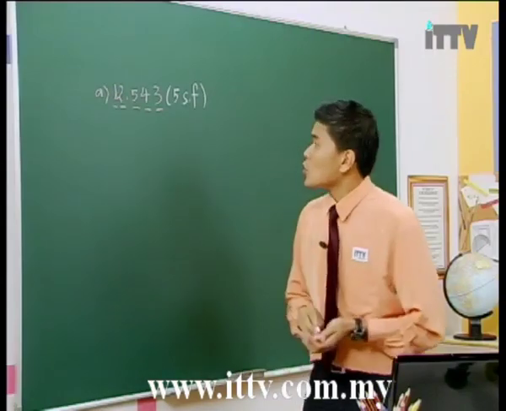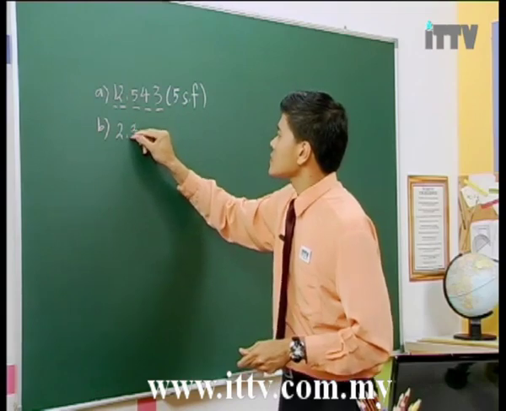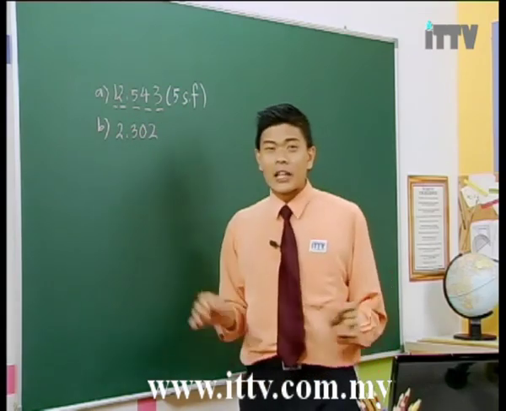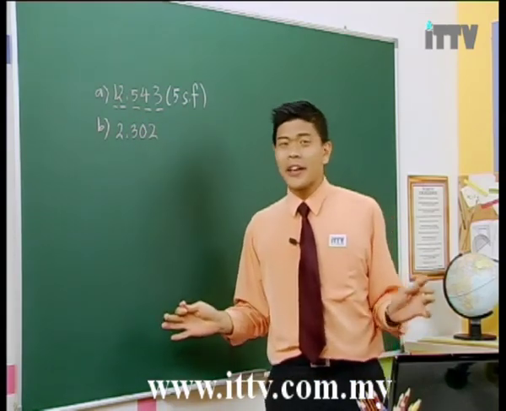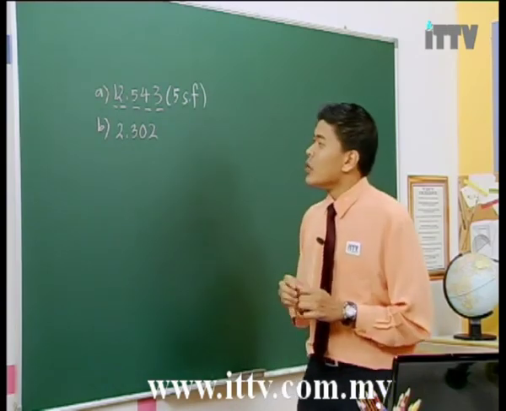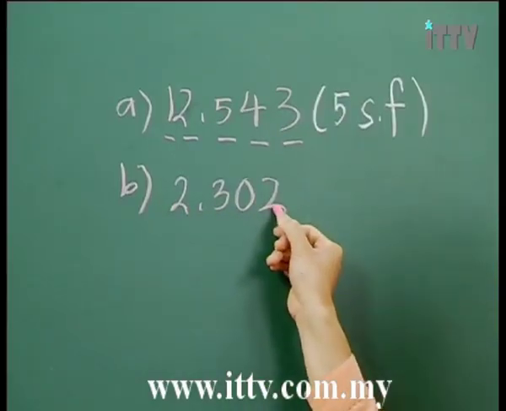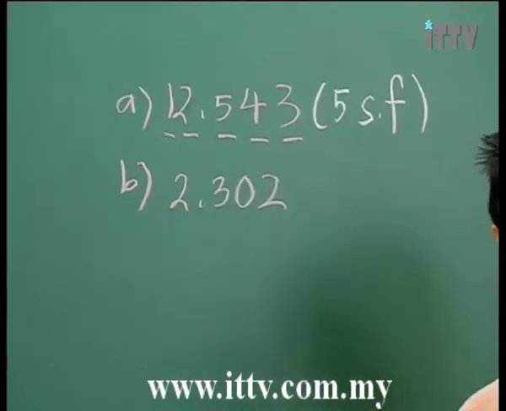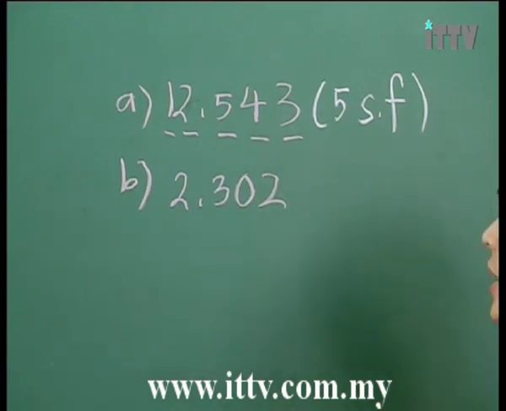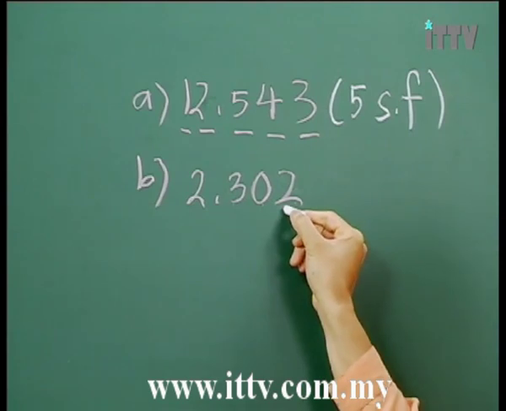Alright, in B, 2.302. Can you identify which rule is playing a role here? The first two rules. Look carefully. The first rule says that 2, 3 and 2, since they are non-zero, they are significant. But what about the 0 here? The 0 is between two non-zero digits.